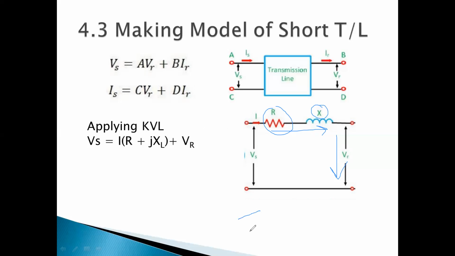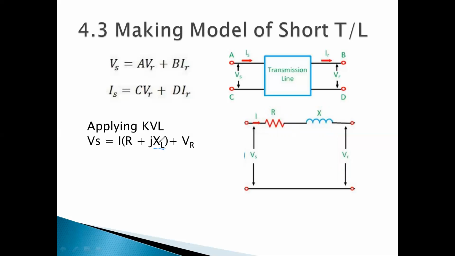When we write impedance, we always write R plus jX. So the impedance is a complex number. It means that it has an imaginary part as well as a real part. It has two parts. So we always write reactance on the imaginary side. That's why we write it here, XL.